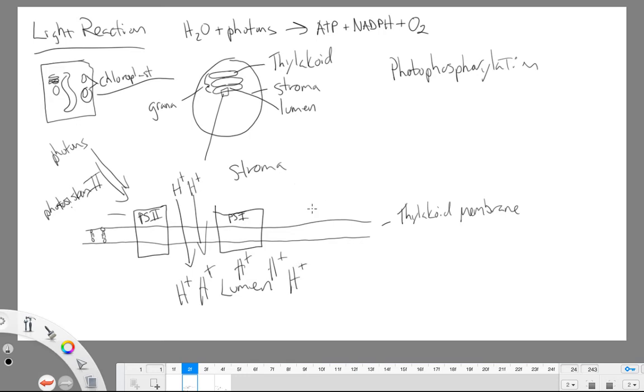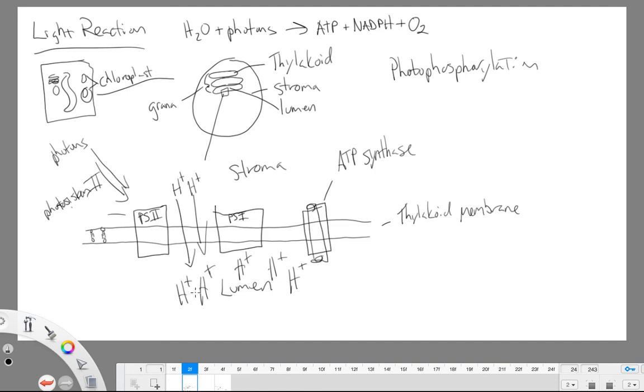Now there is another structure embedded in the thylakoid membrane, and, excuse my poor drawing, that is referred to as ATP synthase. Now, this ATP synthase kind of acts like a motor.